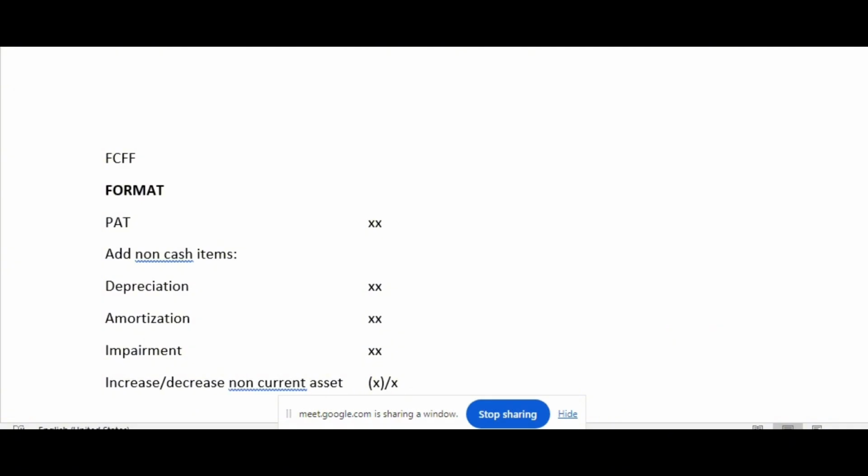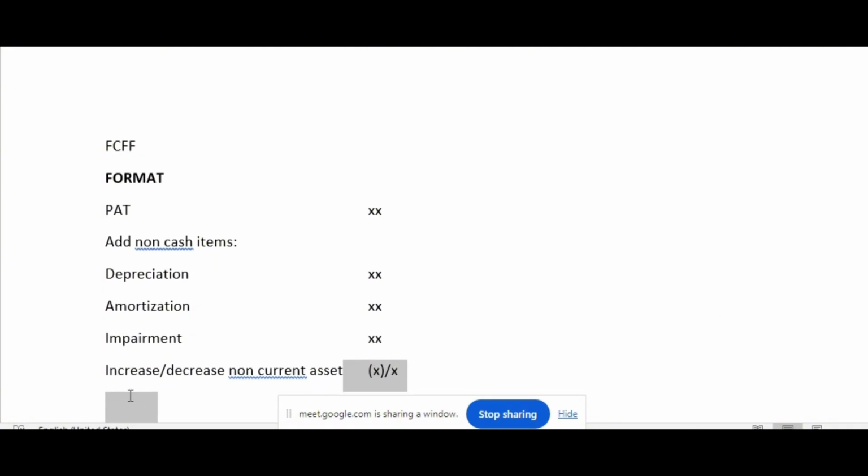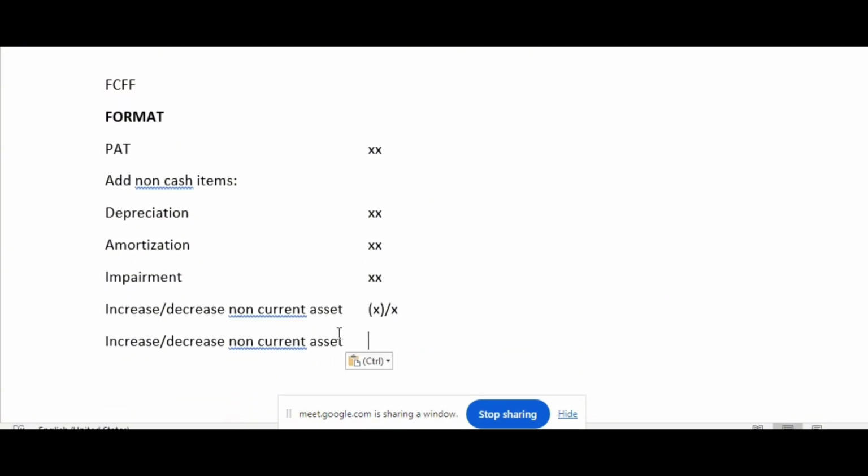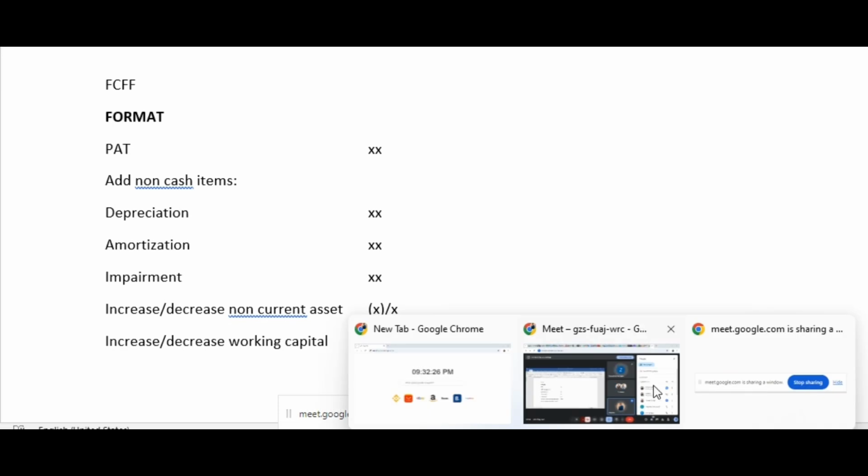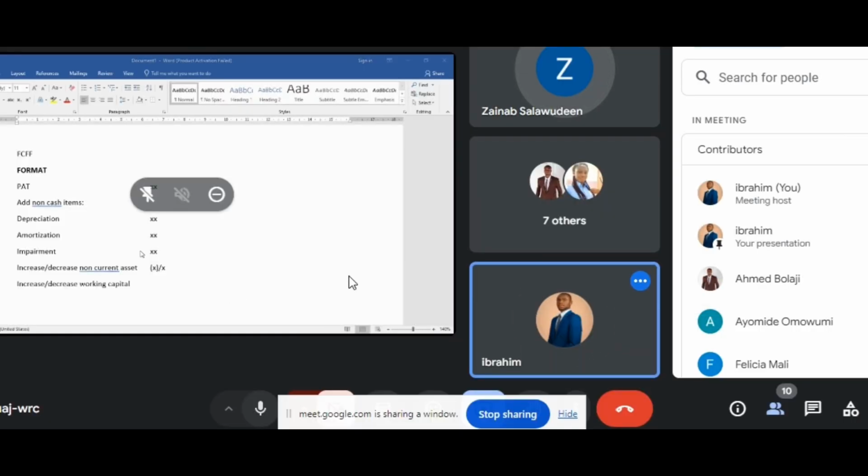Another thing is when you have an increase or decrease in working capital. So what is the formula for calculating working capital? Current assets minus current liability. Okay. Now, you said current assets minus current liability.